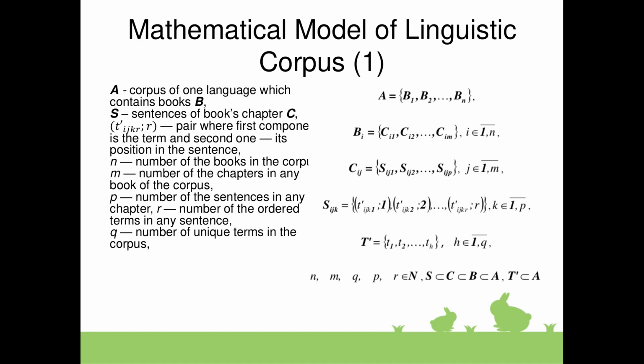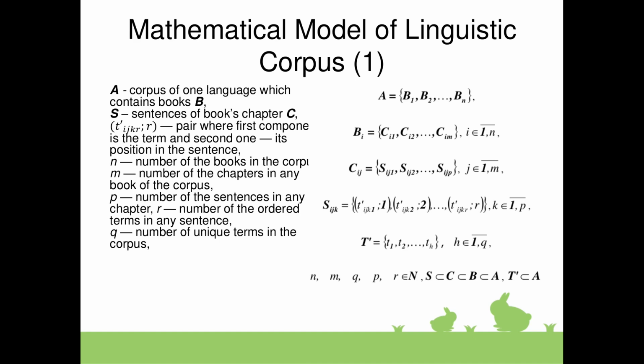These sets are: A, the set of one language, which contains books; B, sentences of each book contains chapters; C, each chapter contains sentences.